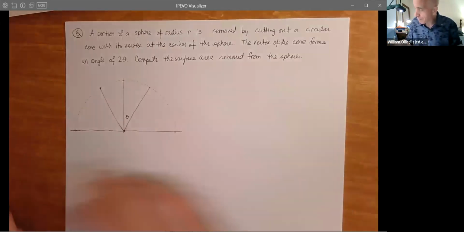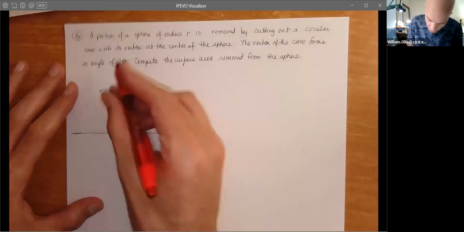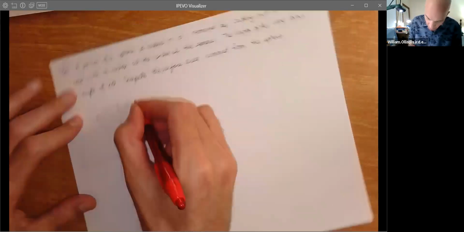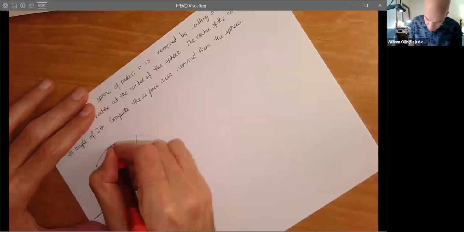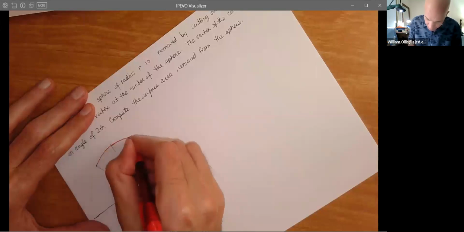And so now you want to remove this, you want to excise it. So you're thinking, okay, this is the piece that we need to revolve. That's how much is cut out of the surface.